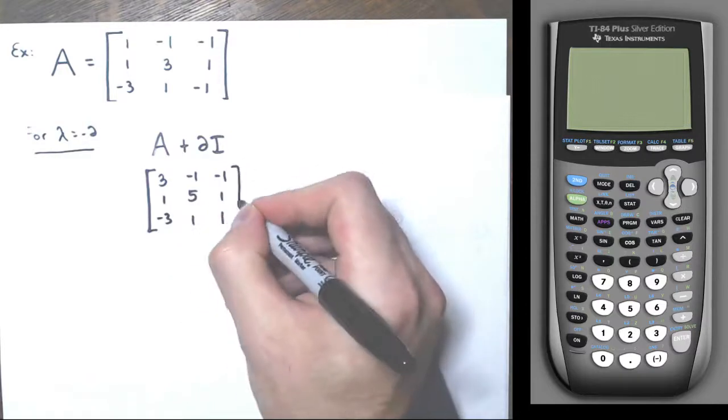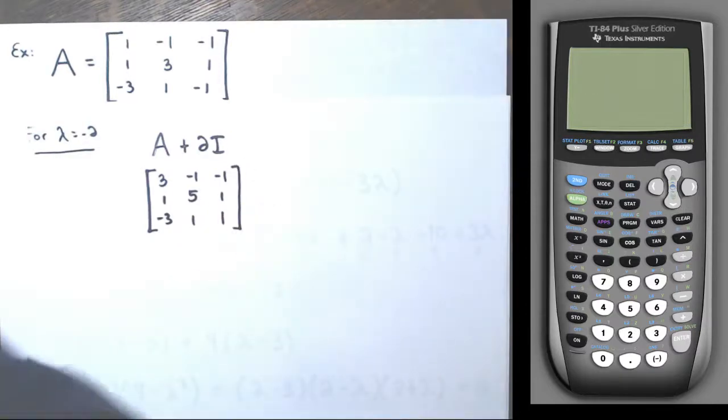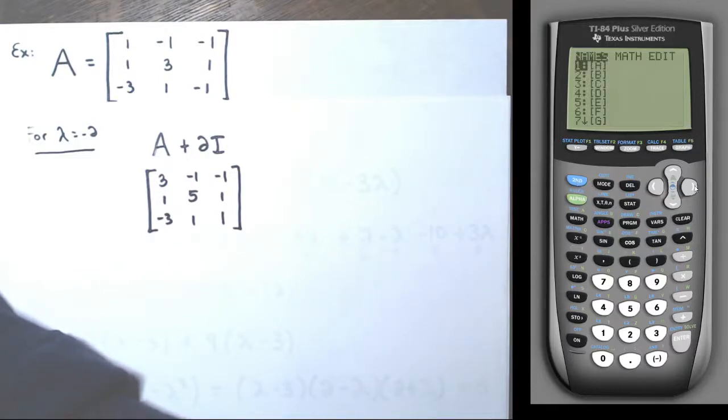And I'll actually go to the calculator this time and have this put into reduced echelon form. All right, so go to the matrix menu, over to edit. Here's a 3 by 3. These entries, 3, -1, -1, 1, 5, 1, -3, 1, 1.